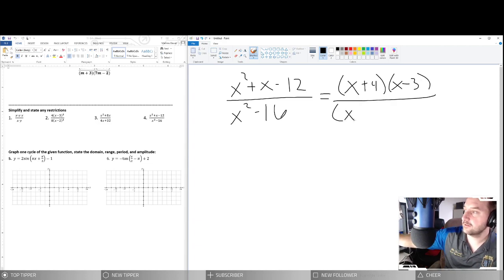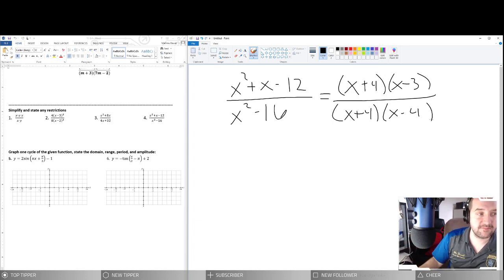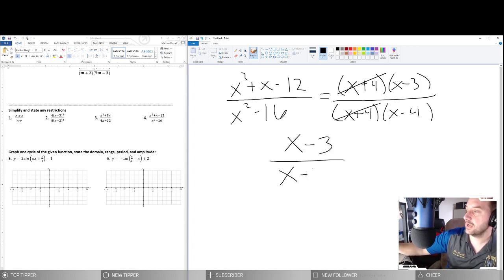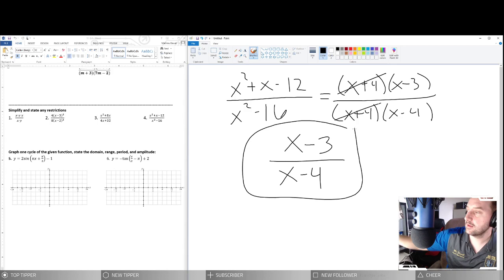The bottom factors into x plus 4 and x minus 4. So I have to look, what are the same factors in both the numerator and the denominator? That's x plus 4. So those will reduce. And so I'm going to get x minus 3 over x minus 4. So that is the reduced value.